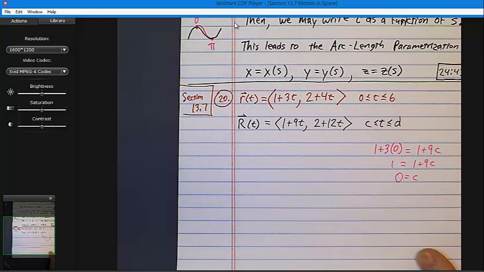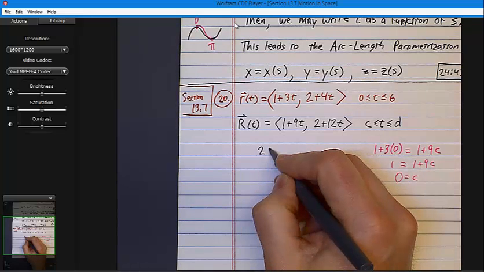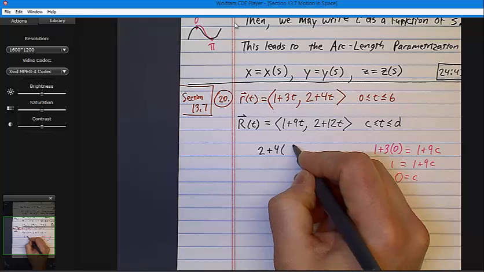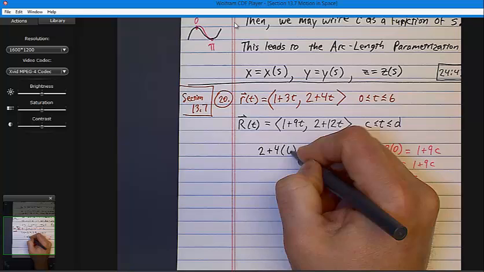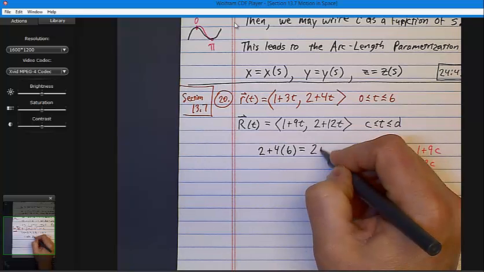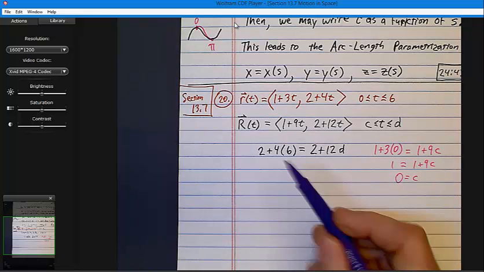And then similarly, I can write down that we want, what would the other equation be? 2 plus 4 times 6, we want to equal 2 plus 12d, right? Because we want these to be tracing out the same path in much the same way that I had today with the lines I had before.